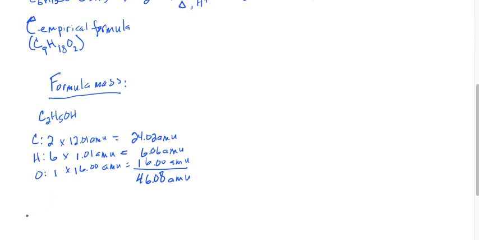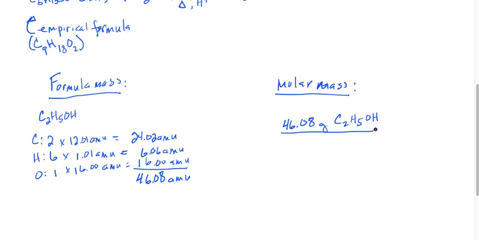So we know that the molar mass for ethanol would be 46.08 grams of the ethanol for every 1 mole of the ethanol.